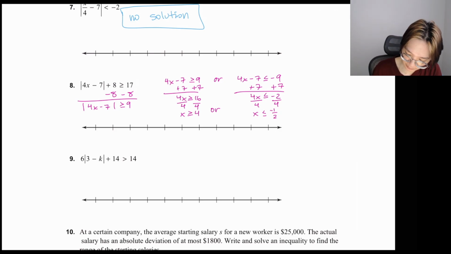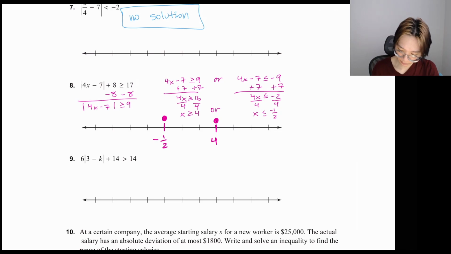If we want to graph this, -1 over 2 is smaller, so we'll say that's right there. We have 4, say that's right there. Closed circle at 4, closed circle at -1 over 2. Let's double check if they overlap. We have greater than 4, we have less than -1/2. So we're good right there. That can stay our final answer.